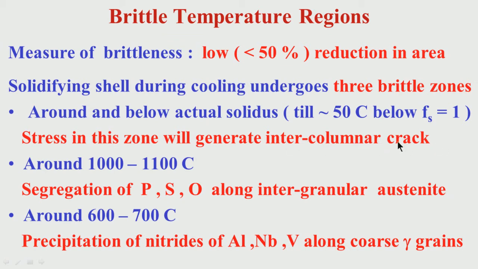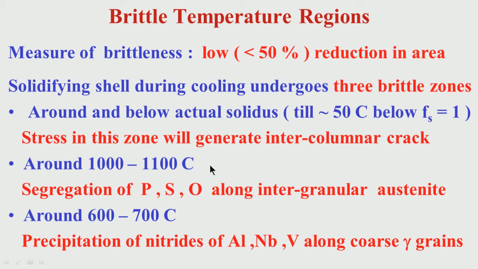So intercolumnar cracks can form. Here intergranular austenites are forming in solid state, whereas there it was columnar zones during solidification. That was relatively high temperature, but this particular intergranular austenite problem is around 1000 to 1100 degrees centigrade.